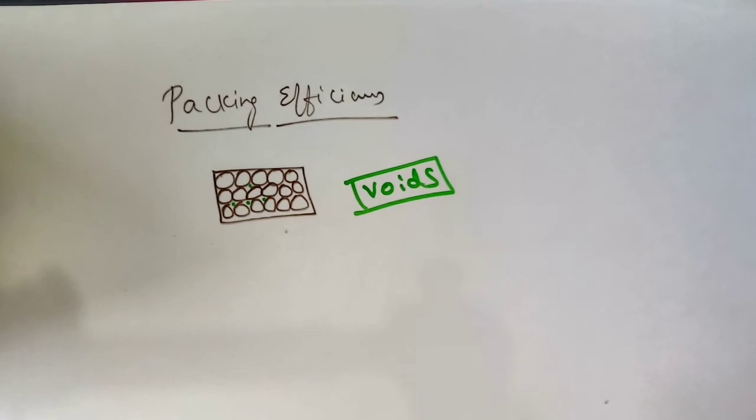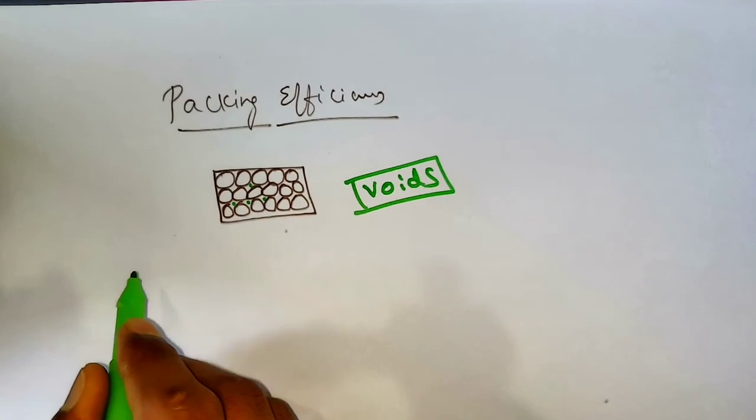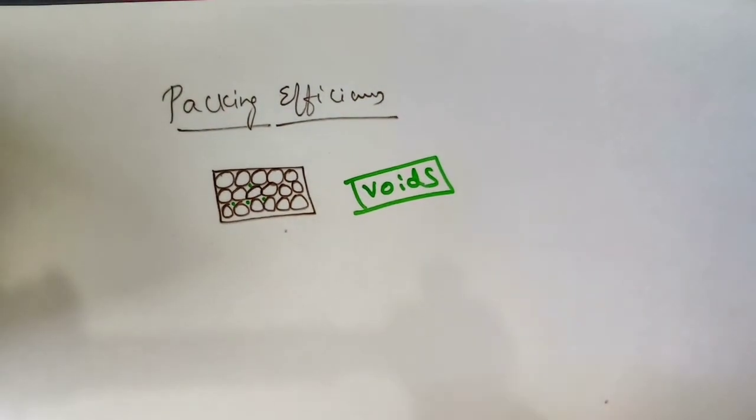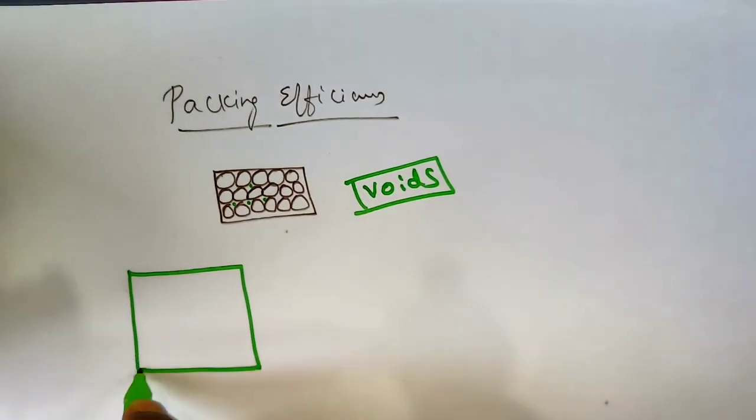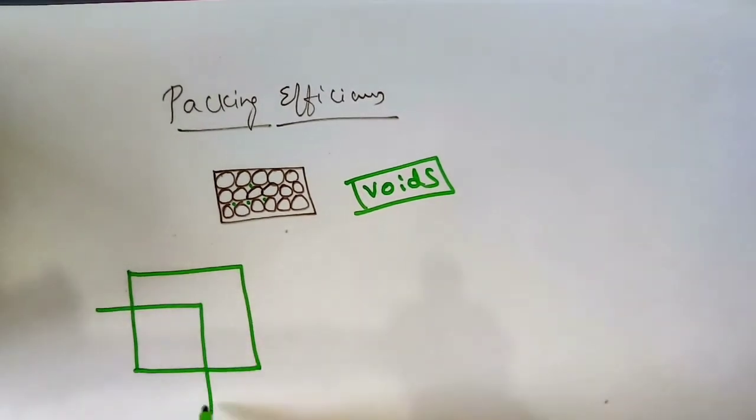Very firstly we learn the packing efficiency of the face centered cubic unit cell. We can call it CCP also, cubic close packed unit cell. So consider a cubic unit cell like this.